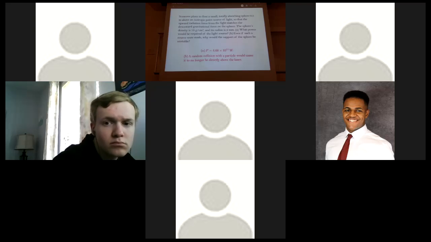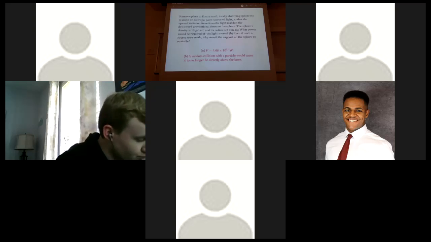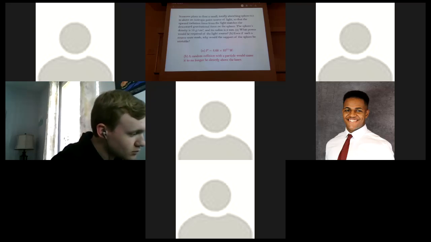Yeah, 2 millimeter radius. You don't want something too heavy, otherwise you need much more power. So 4/3 times 19,000 times 0.002 cubed. Should I just change the radius of the sphere to centimeters since it's in grams per centimeter cubed?